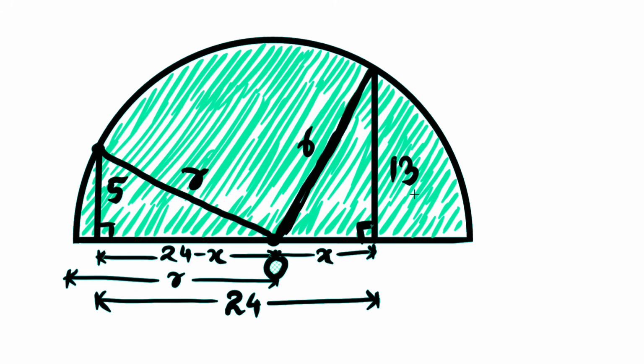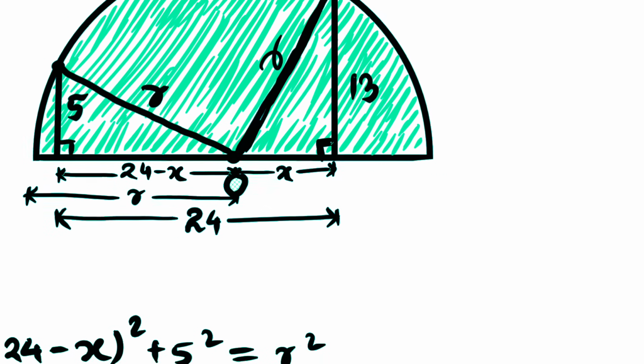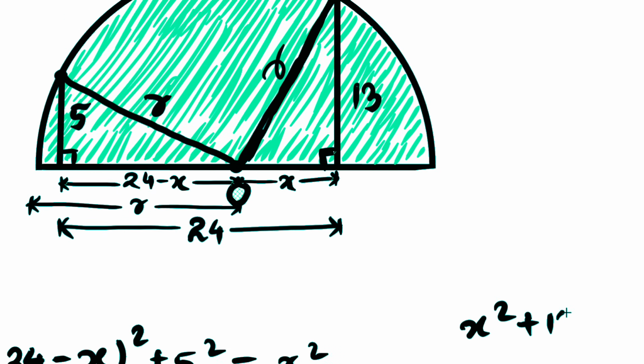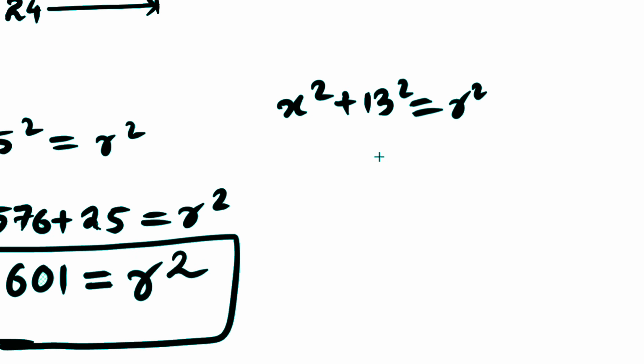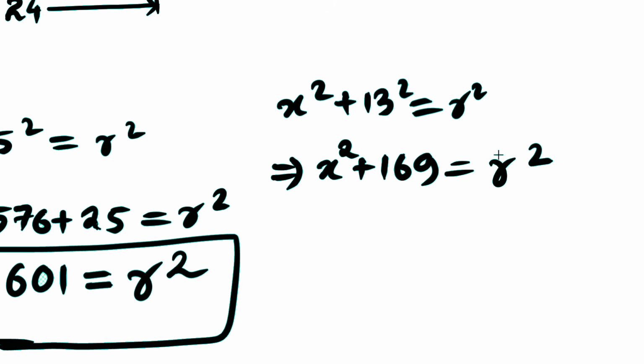The vertical height is 13 units, and the hypotenuse is r. So, using the Pythagorean theorem again, we have x squared plus 13 squared equals r squared. 13 squared is 169, so this simplifies to x squared plus 169 equals r squared.